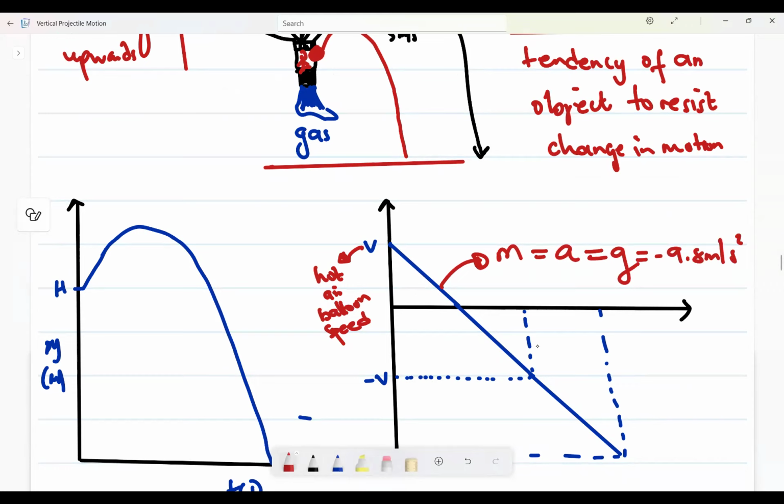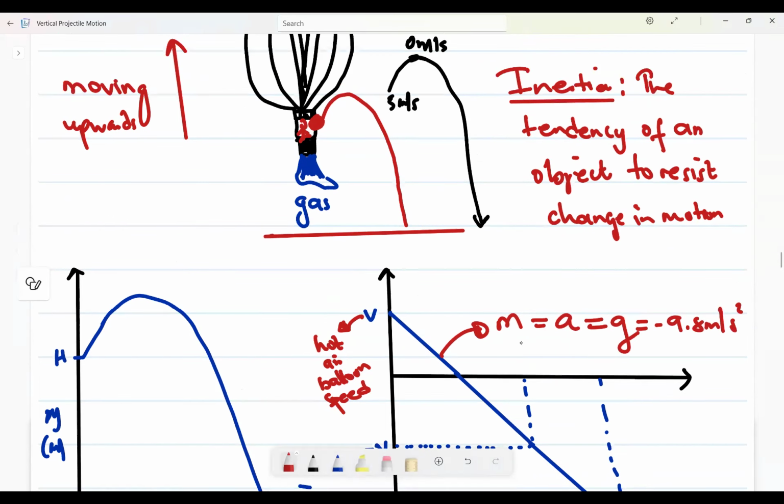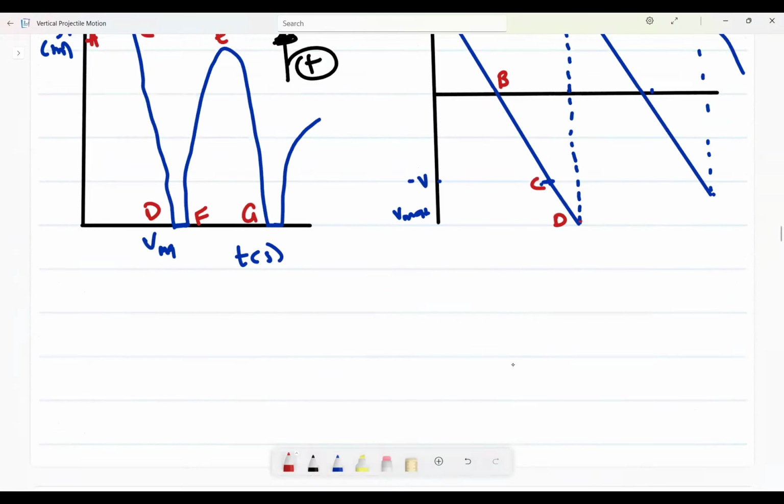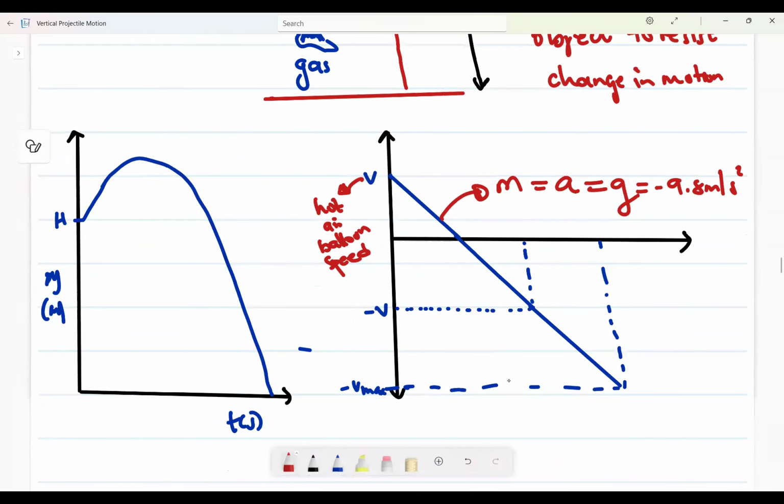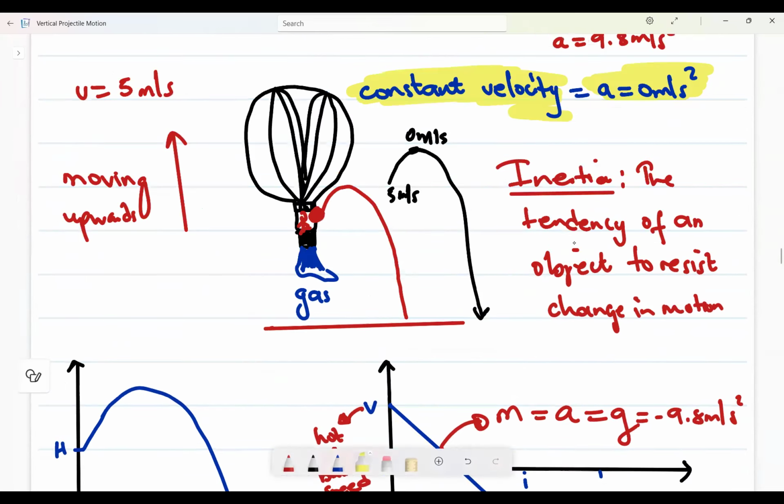Your gradient for the velocity time graph is gravitational acceleration. Can you see now that it is slanted backwards? So it means our gradient is negative, like that.